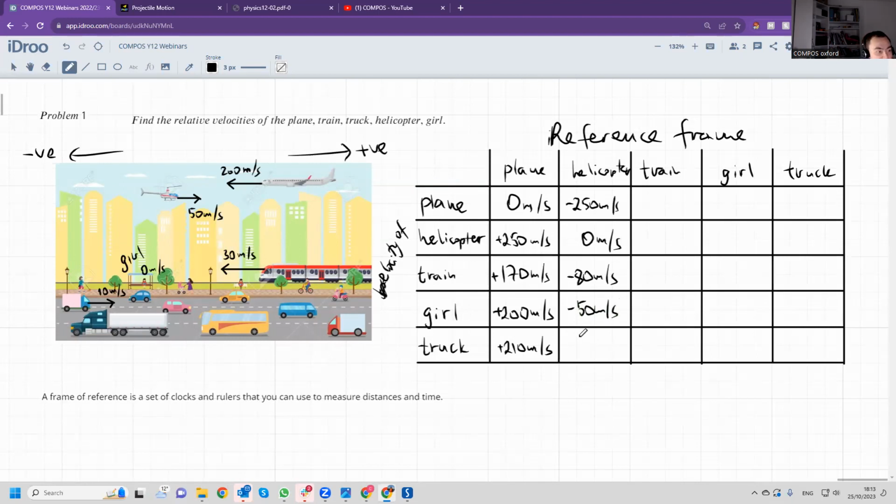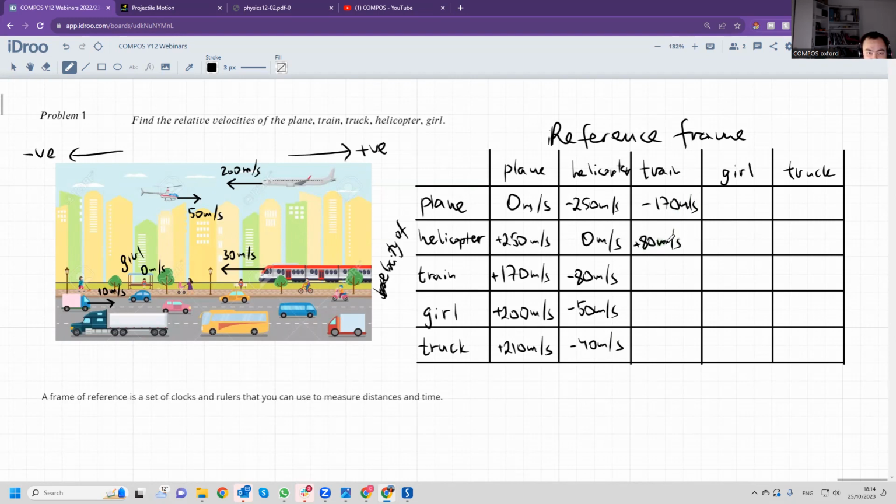The truck is moving at minus 40 meters per second, because it's moving left. If you're on the train, the plane is moving at minus 170 meters per second. The helicopter is moving at plus 80 meters per second.